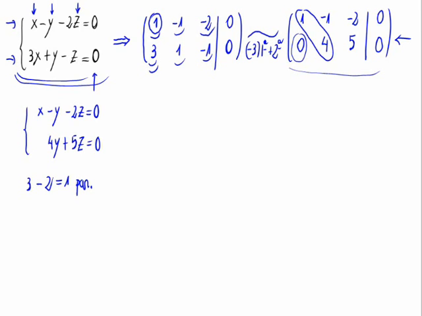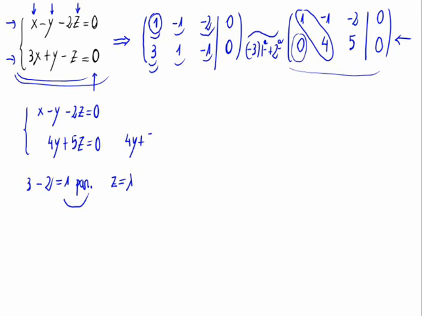So let's call z lambda. This is going to be our parameter, and lambda is a real number, so we will calculate the solutions depending on the lambda.